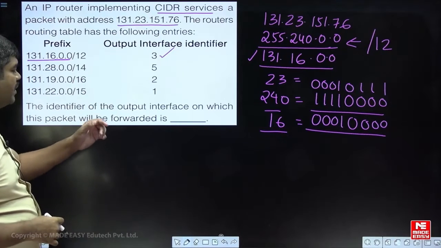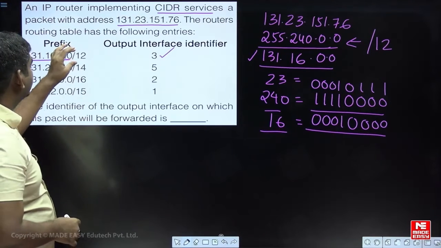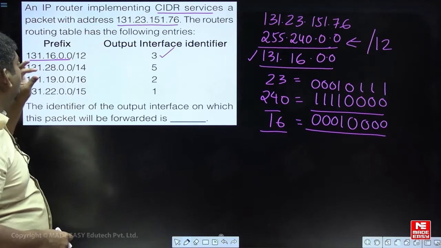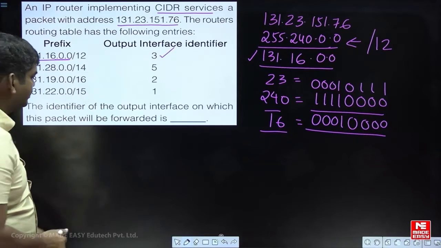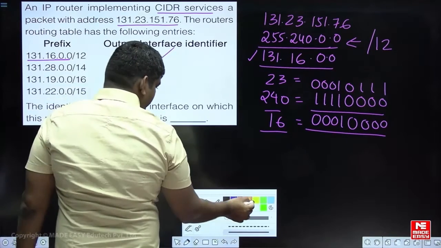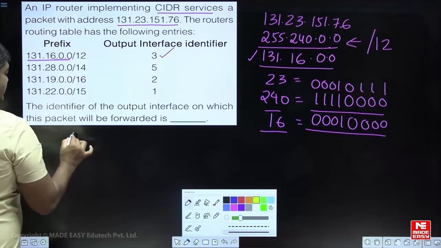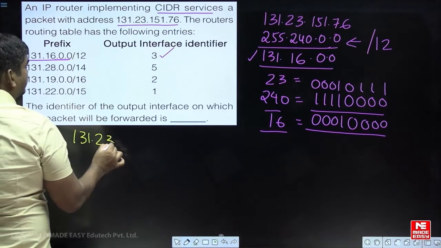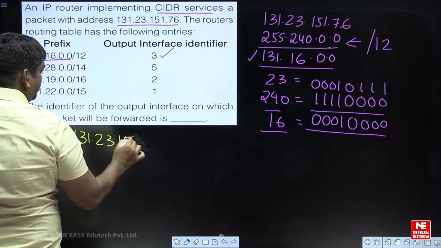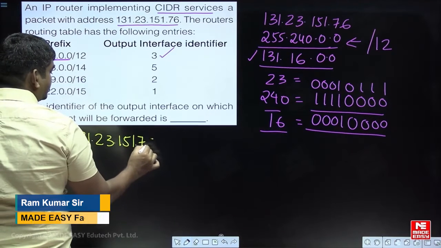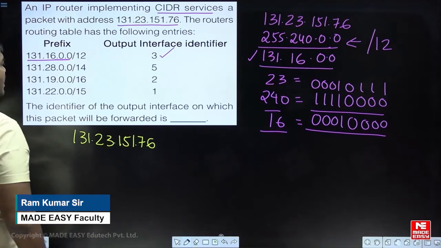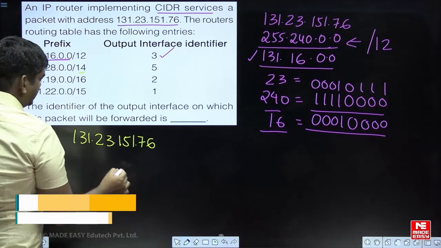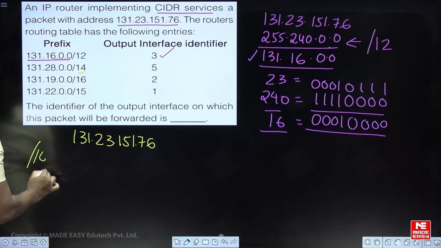The router will perform bitwise AND not only with this interface, but with the destination IP you got, it will be performed with the second interface also. What is the destination IP? 131.23.151.76. What is the mask of this second interface? That is /14.